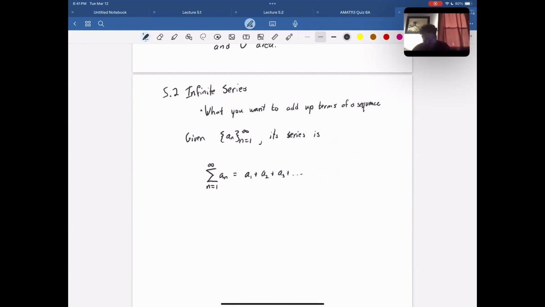Now, we want to be able to analyze these objects. It would be handy to know if the sum that we're looking at is finite, or if it diverges, or if it somehow oscillates in some way. And one of the great tools to be able to do that is something called a kth partial sum.